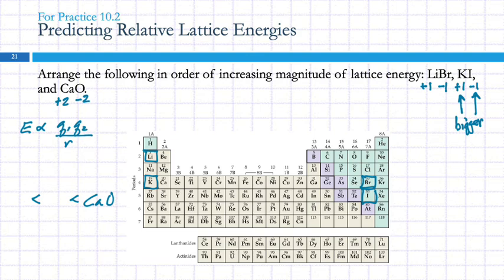If the ions are bigger, does that make the lattice energy larger or smaller? Smaller, because we're dividing by the distance between the 2. So the bigger ions are going to have a smaller lattice energy, and it will go KI, and then LiBr, and then CaO. Any questions?